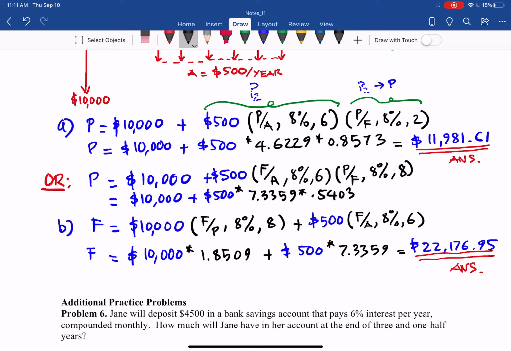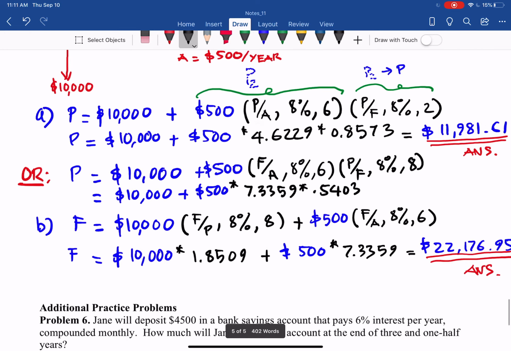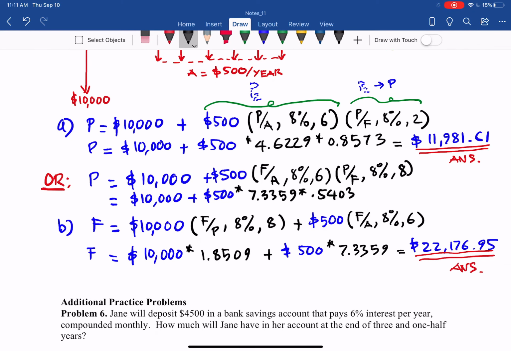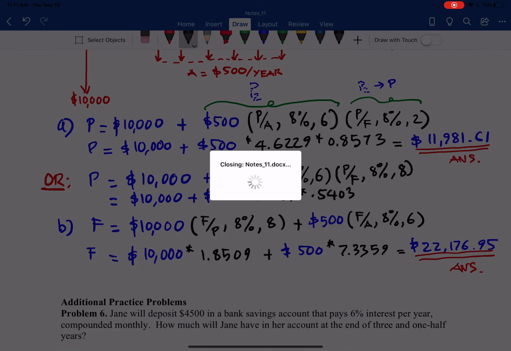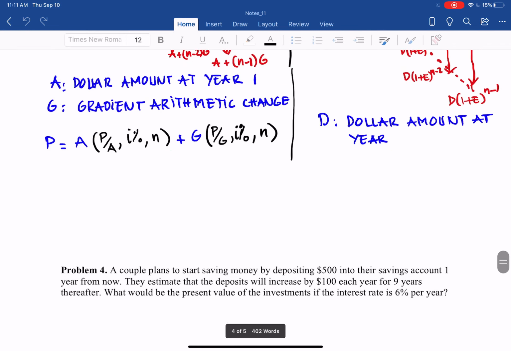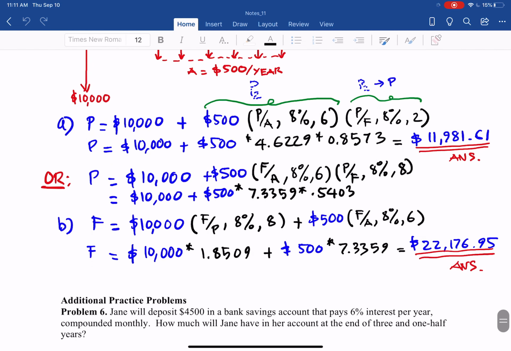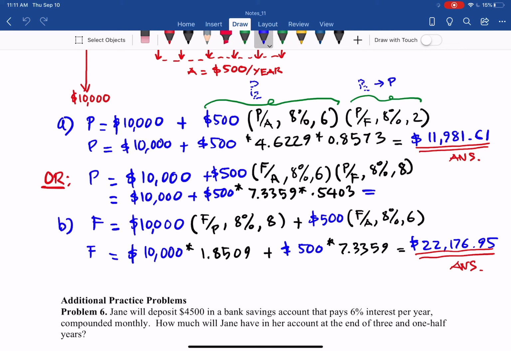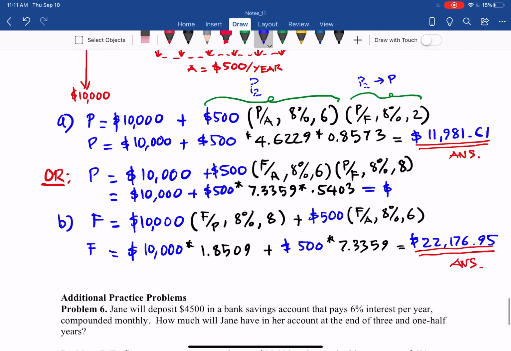You just divide 1 by 1.8509, or you can use the table. From that we get 11,981.79, and that should be similar to the answer you have there.